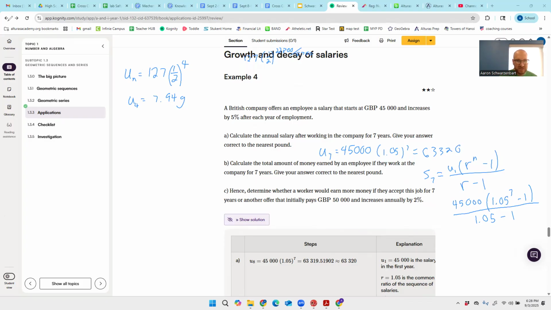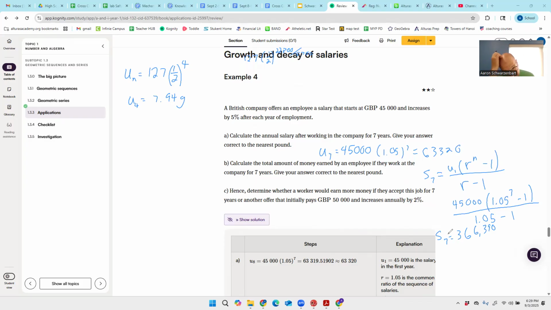And I stick that into a calculator. And I get 366,390. That's how much they make in their first 7 years.